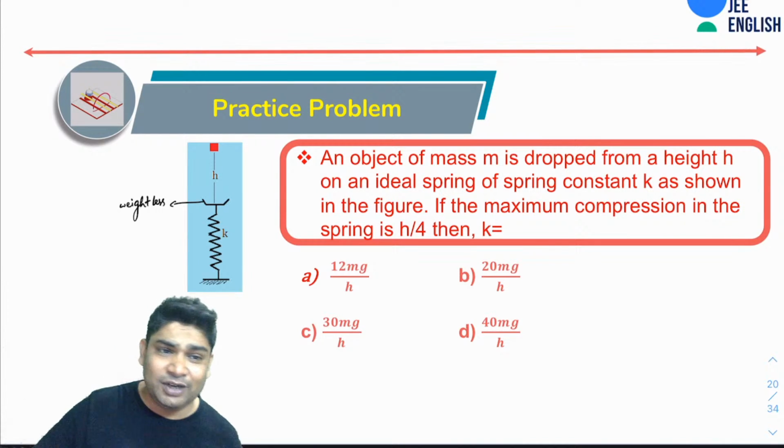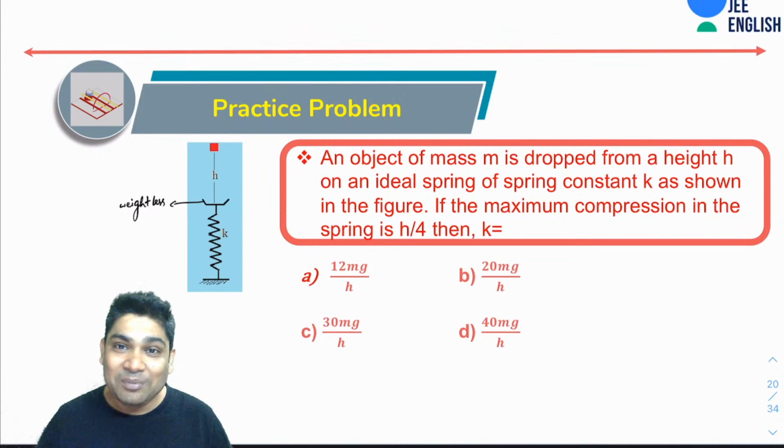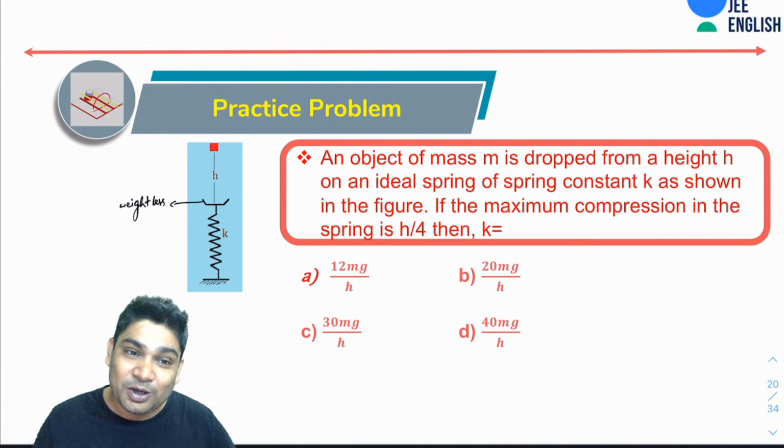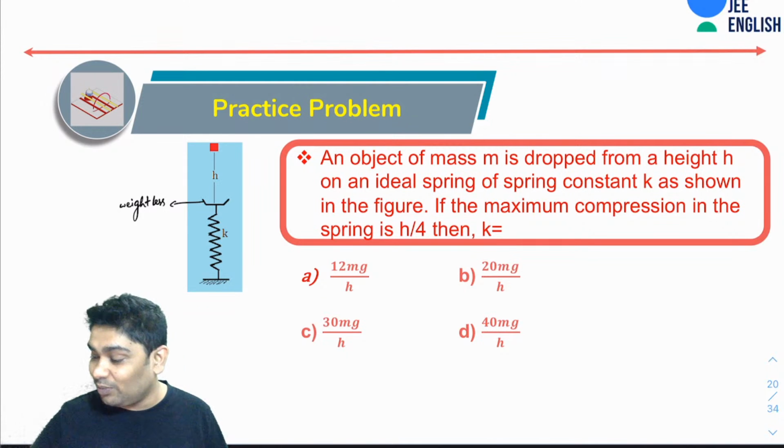This is very similar to the previous problem, by the way. The motion when the spring starts to get compressed will be very similar to what we had in the previous problem, right? So try and solve this. This should be easy.